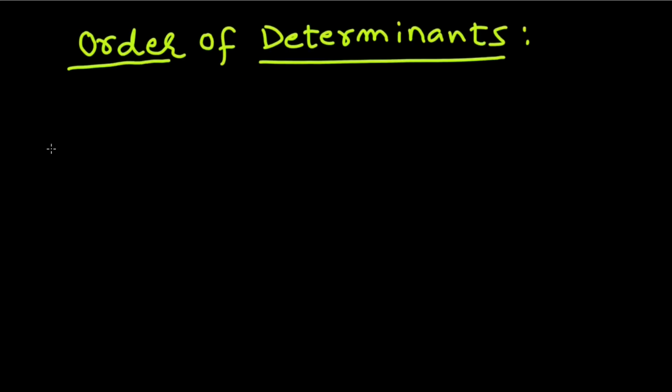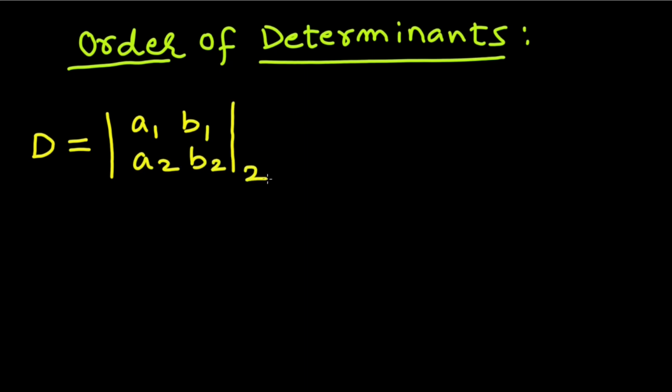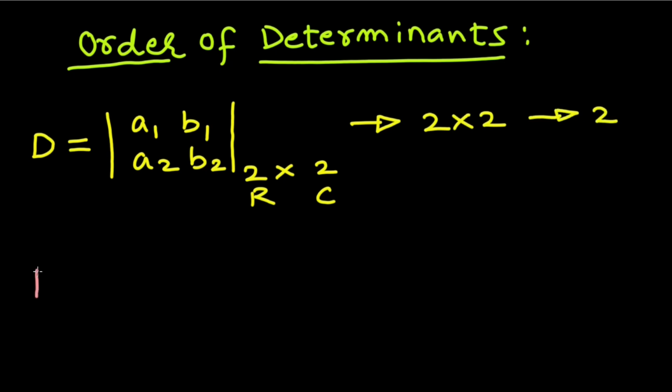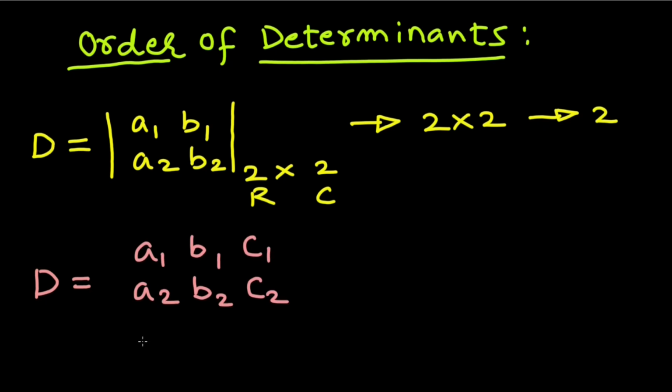Next, let us understand order of determinants. Determinant is denoted by capital D. So, the determinant a1 b1, a2 b2 has two rows and two columns. Therefore, this determinant has order 2 by 2 or just order 2. We also can have a determinant having three rows: a1, b1, c1, a2, b2, c2, a3, b3, c3.